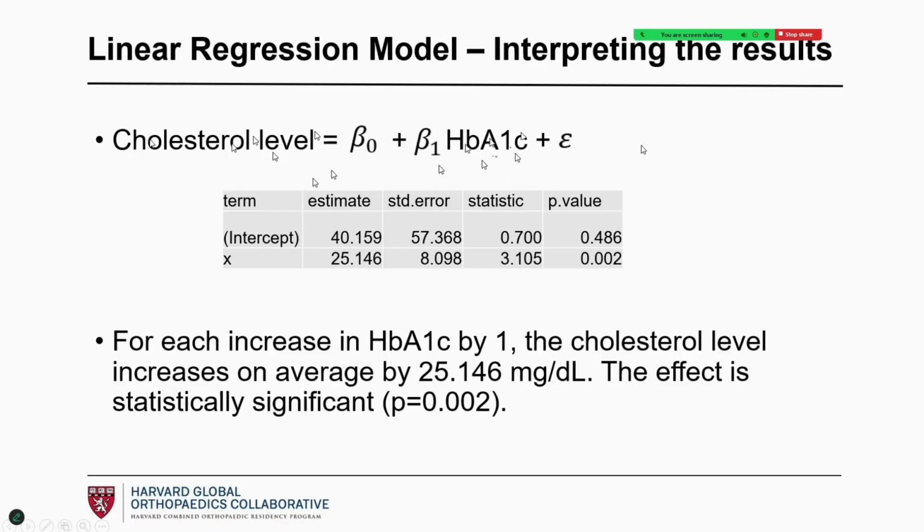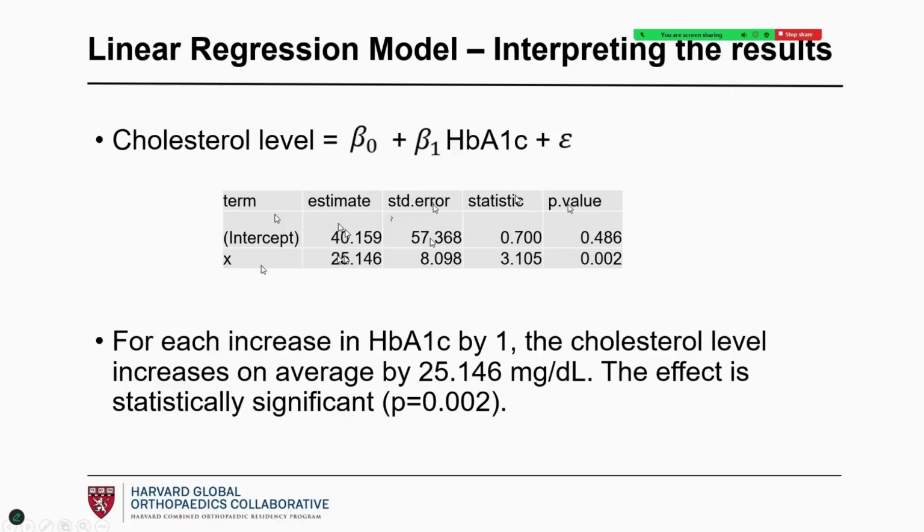For that reason, we fit this regression model, which after we estimate, we get the coefficient estimates. So from that, we have the beta 1 coefficient, which is represented by this estimate here, the standard errors that correspond to them, the statistic, and the p-value.